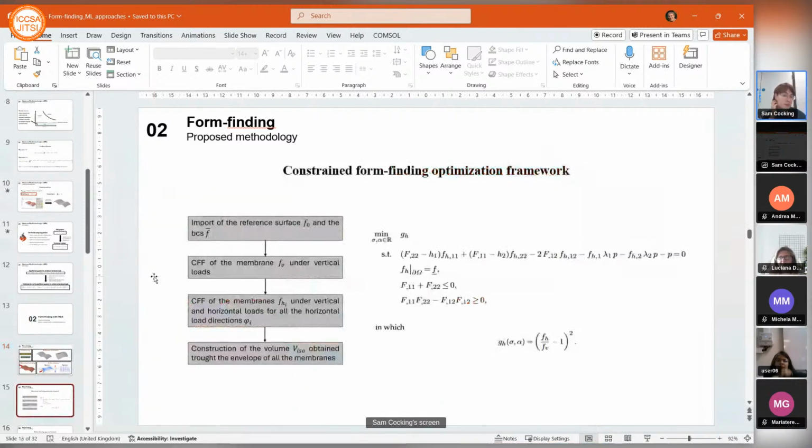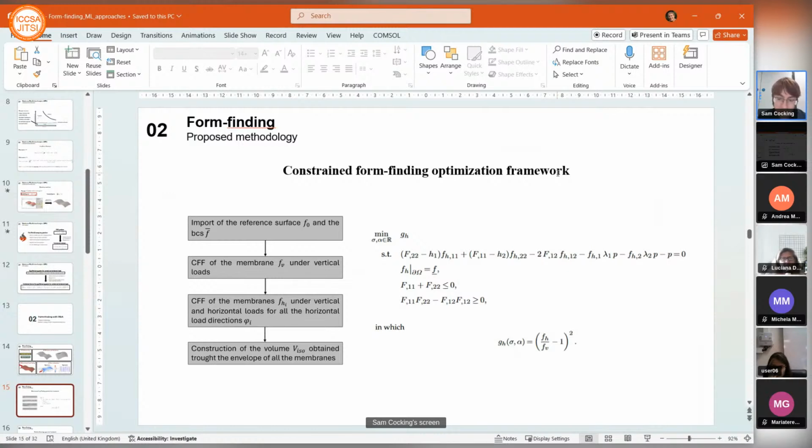So if we've solved this using a direct constrained optimization, then we import the reference surface from the architect, we import the boundary conditions, we perform the constrained optimization with a more simplified form than what I'm showing on the right here, just including vertical loads. That gives us a thrust membrane that should be fully concave in accordance with the constraints on our optimization, and which satisfies the boundary conditions of the original problem.